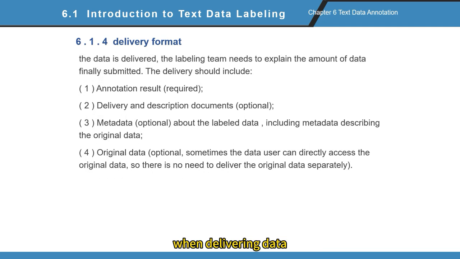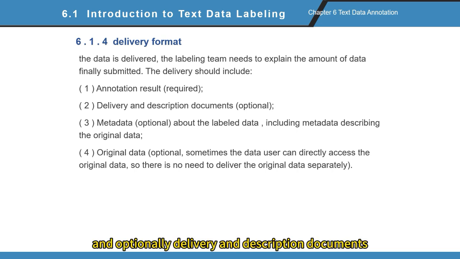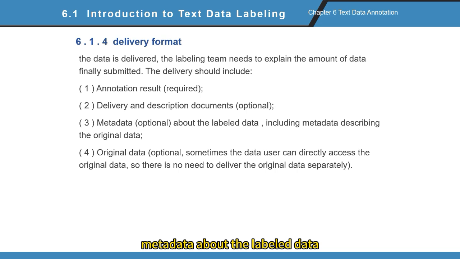When delivering data, the labeling team should explain the final submitted data volume. The delivery should include the annotation result and optionally, delivery and description documents, metadata about the labeled data, and the original data if not directly accessible to the user.